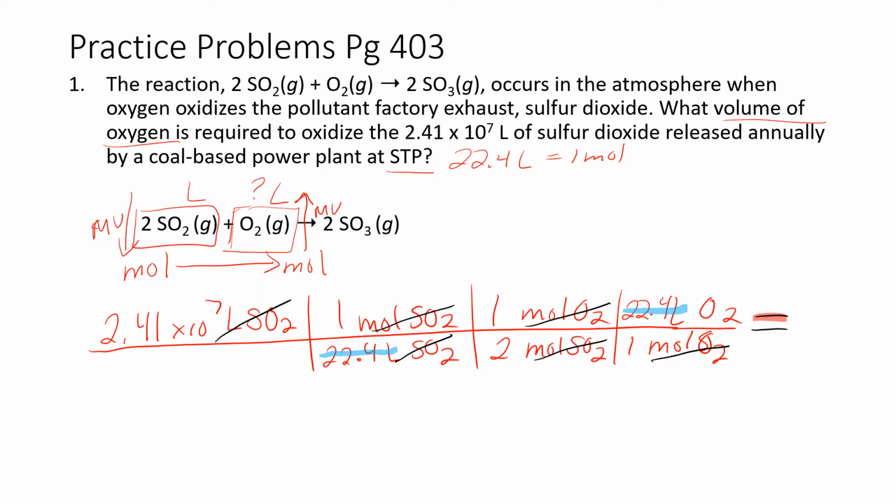So it simplifies our math. So we've really got 2.41 times 10 to the 7th divided by 2. So we end up with 1.21 times 10 to the 7th liters of oxygen. Always good to check in your calculator, make sure you're getting the same number, so you get that practice in on your calculator.